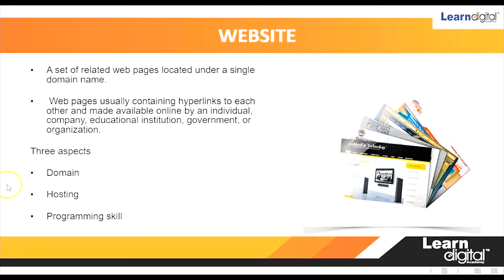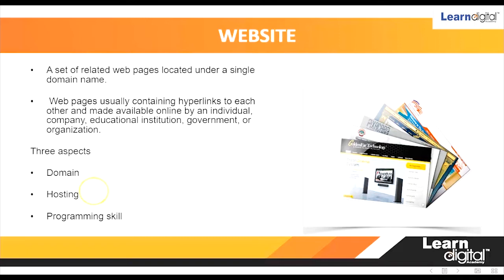Here we can see there are three aspects of a website. The first one is domain, the second is hosting, and the third is programming skill. Domain, as I told, is the website name. That means you have to select a name for your website that works like an address.